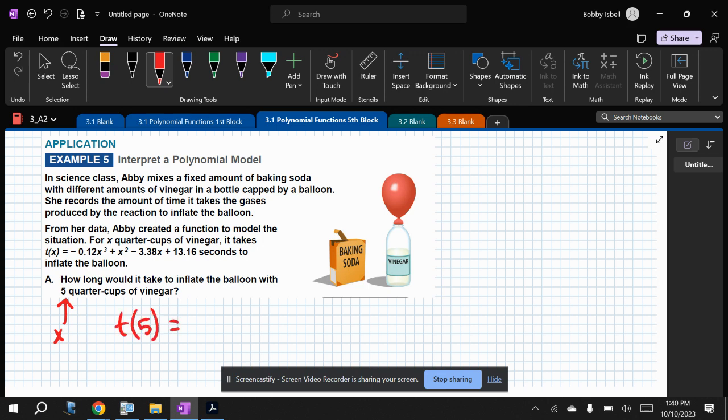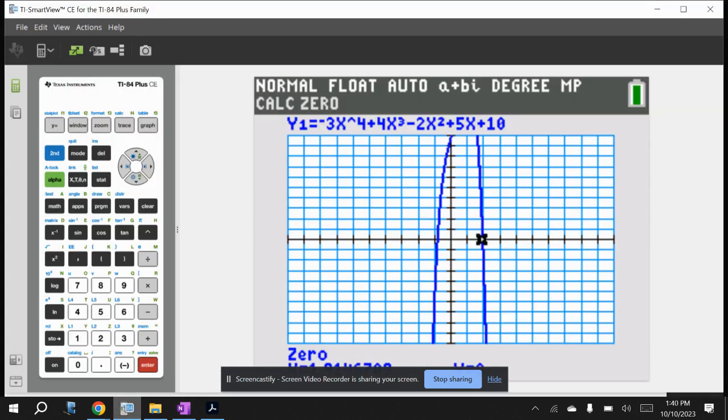Now, we could manually put this in, like write it out, negative 0.12 parentheses 5, close parentheses cubed, and work it out individually, like type it all in the calculator. But I'm going to graph it with my calculator and let it help me evaluate that and get the number for that. So just using the graphing calculator, again, if you don't have one of those, you need one of those. That's going to help you with this today.